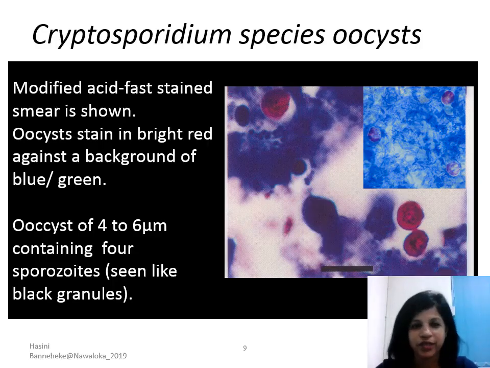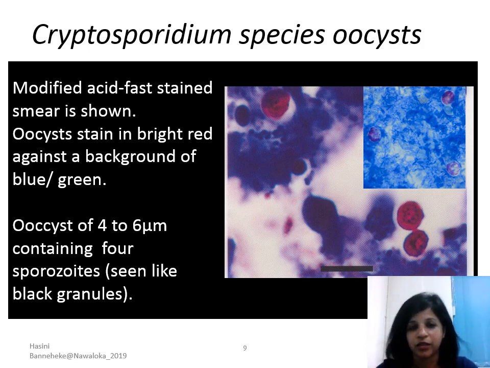So in the previous slide, I showed you Cryptosporidium species oocysts. Now you recognize them by the appearance of the bright red or intense pink color of the oocyst, and as you can see, the background is bluish or green in color, and usually we go by the size as well.